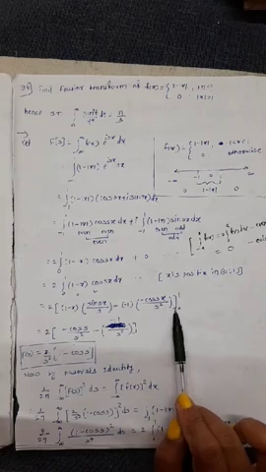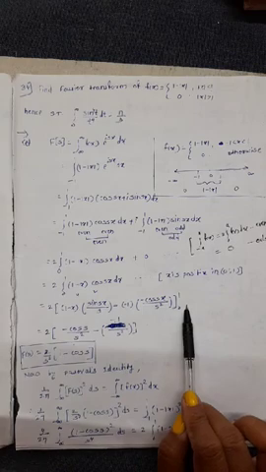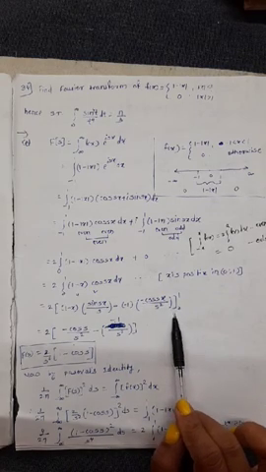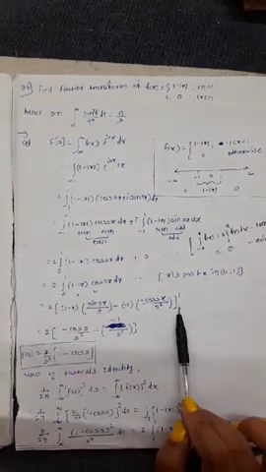Now the bracket is complete. The next term is plus, the derivative of minus 1 is 0, so the u into v rule ends here. Limits are 0 to 1 as it is.